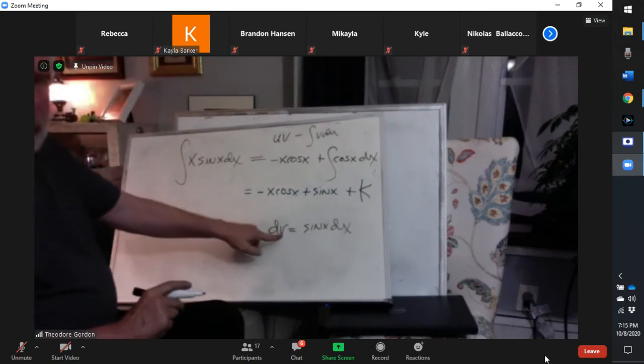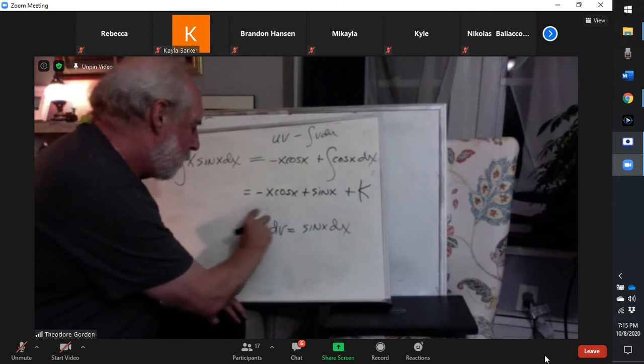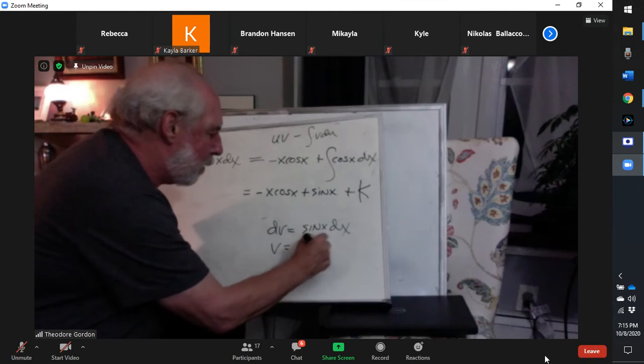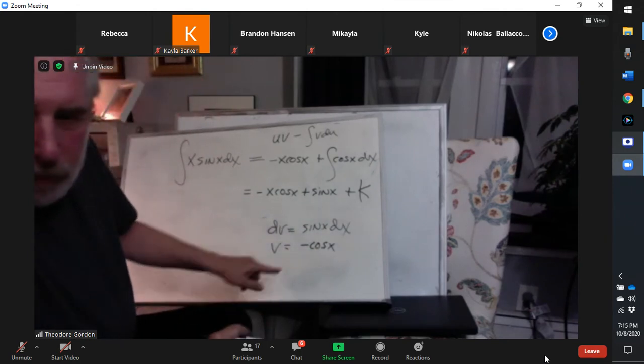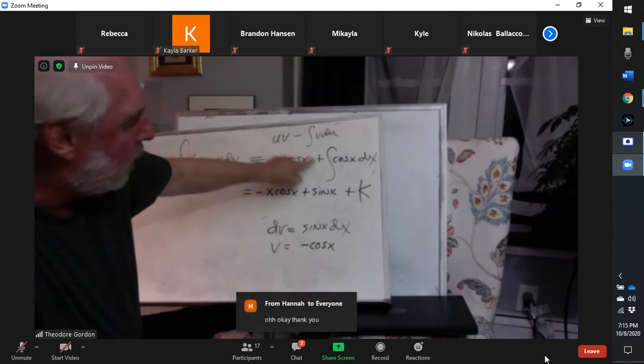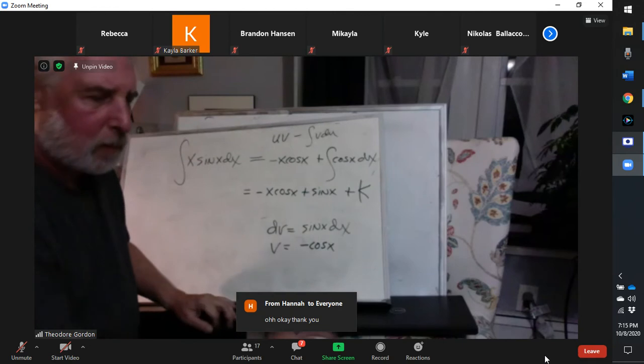That was our dv. And then we integrate it, so we get v. And when we integrate sine, we get negative cosine. So this negative sign turned that negative sign into a positive. We had negative, negative. Yep, you got it.